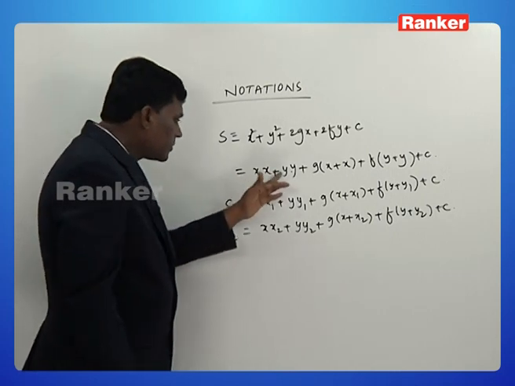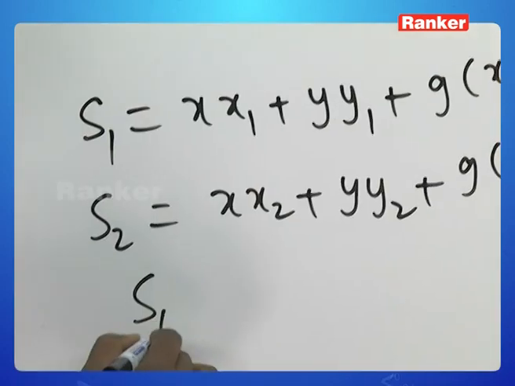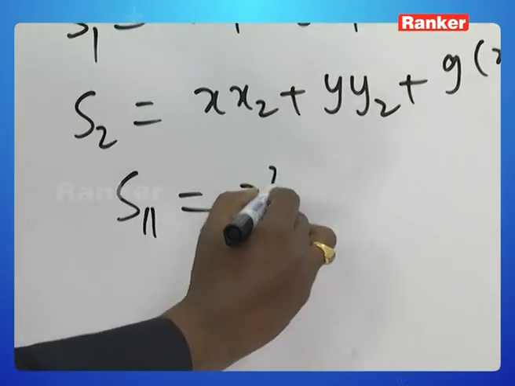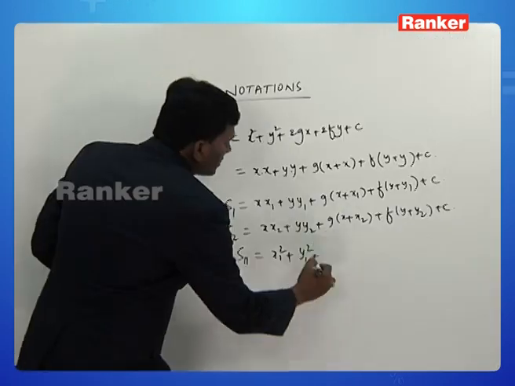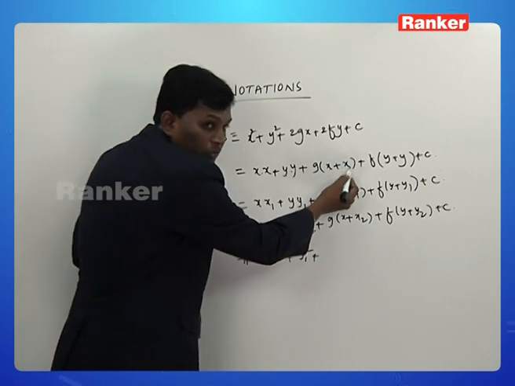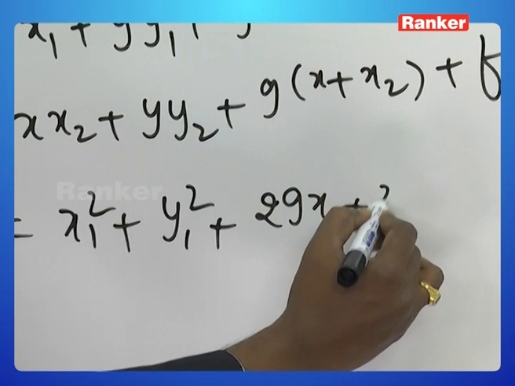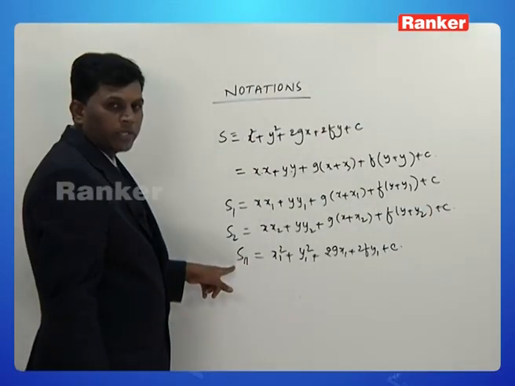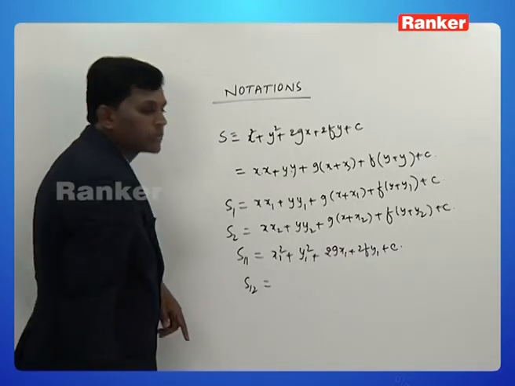If you replace both of them with x1, y1, that notation is called S11. x1 into x1 becomes x1 square, y1 becomes y1 square, x1 plus x1 is 2x1 into g, 2gx1, 2fy1 plus c. This notation is taken as S11. Similarly, we can write S12 also.